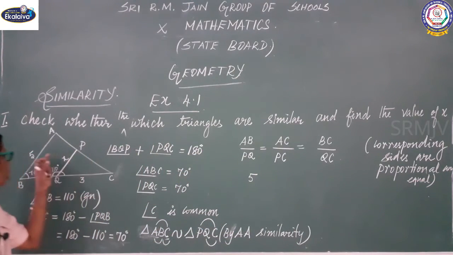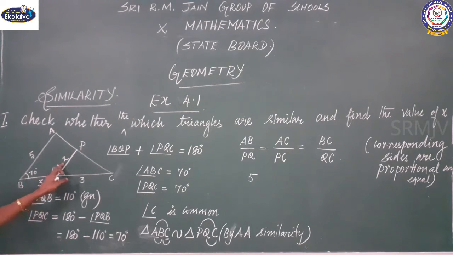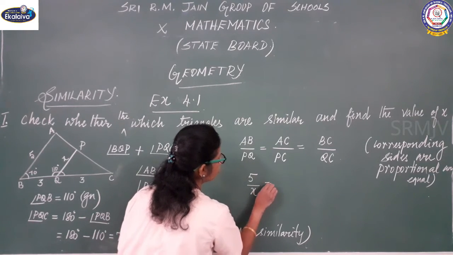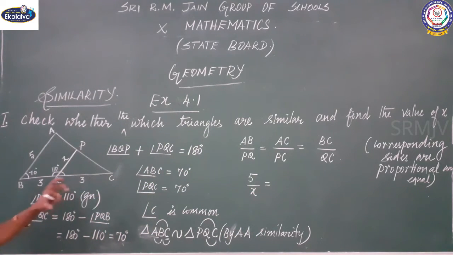So the AB value you know, that is 5. What is PQ? They gave it as X. So 5 by X. The things whose values you know, those alone you have to take. You don't want to take all the 3.